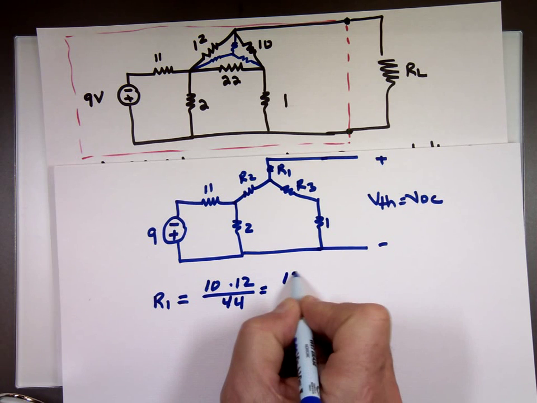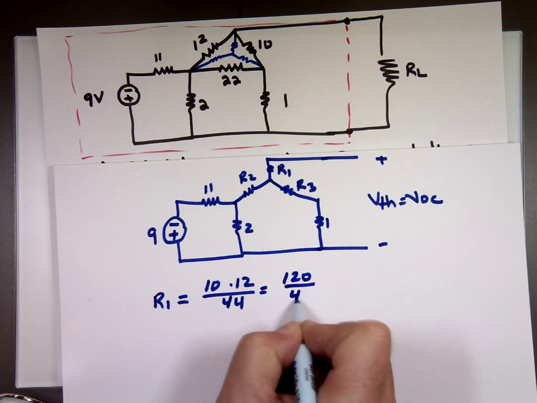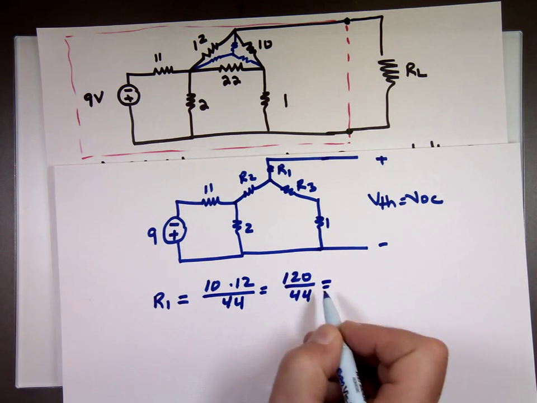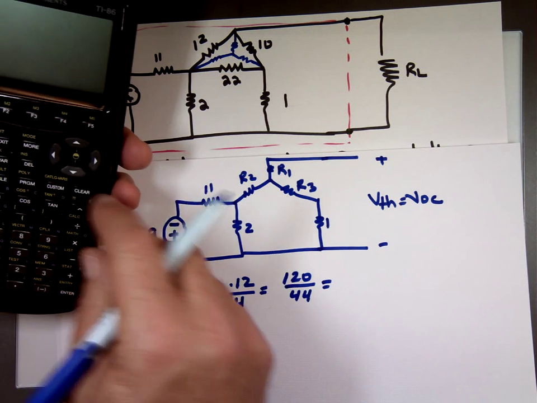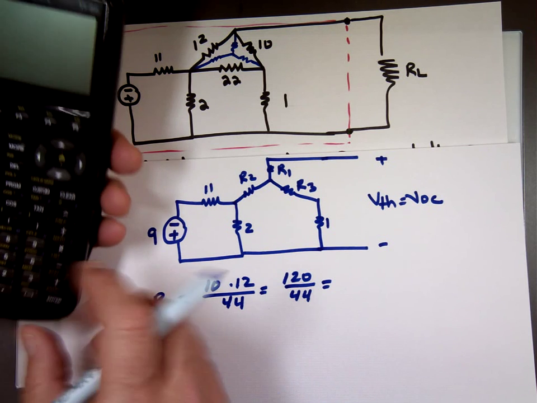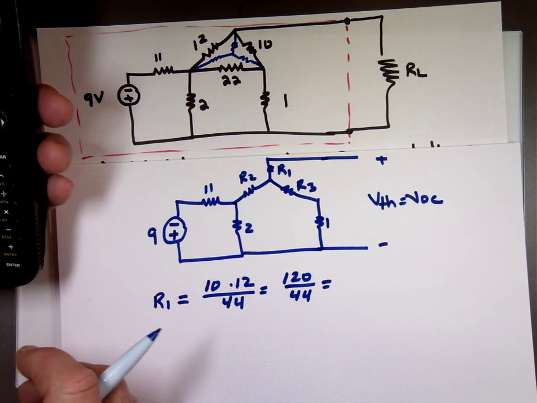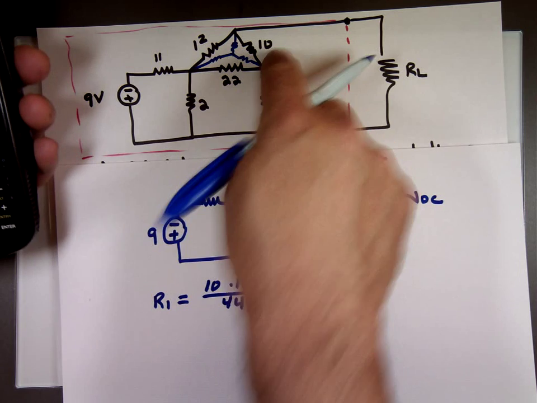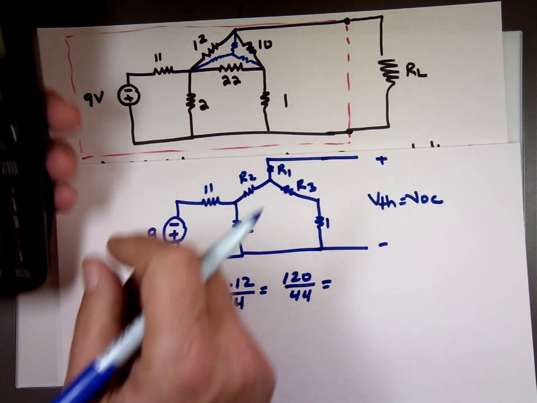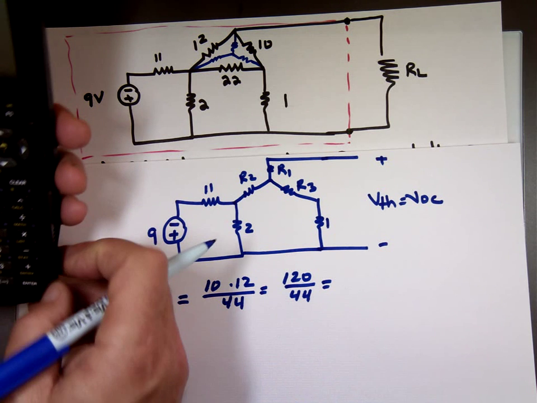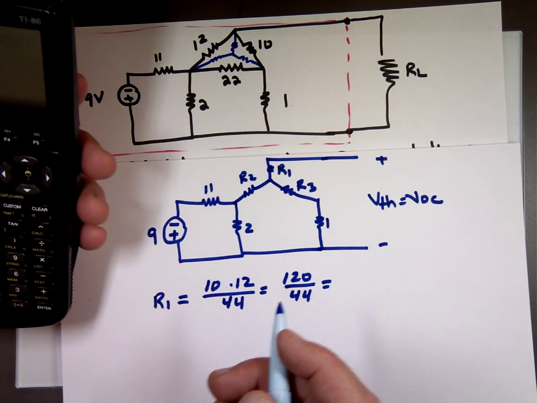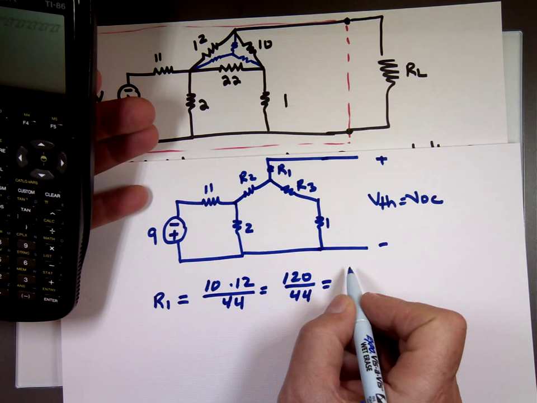So that's 120 over 44. Right? 10, 22, and 12? Yep. This is 2.72.